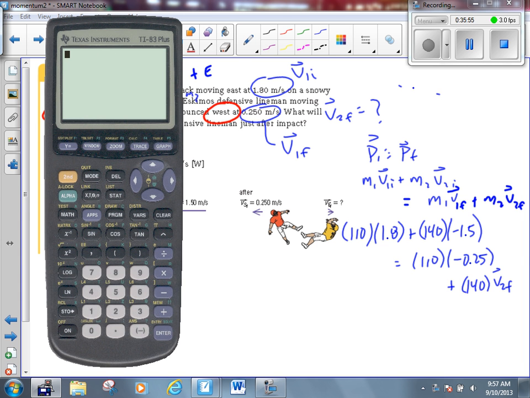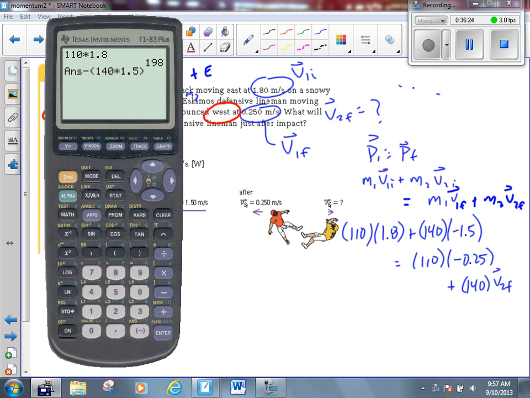We're going to say 110 times 1.8. And then I'm going to subtract 140 times 1.5. Why did I subtract 140 times 1.5? Doesn't it say there that we're adding them, Jesse? It becomes a negative when I multiply them together, so it's just easier to put it into my calculator this way.